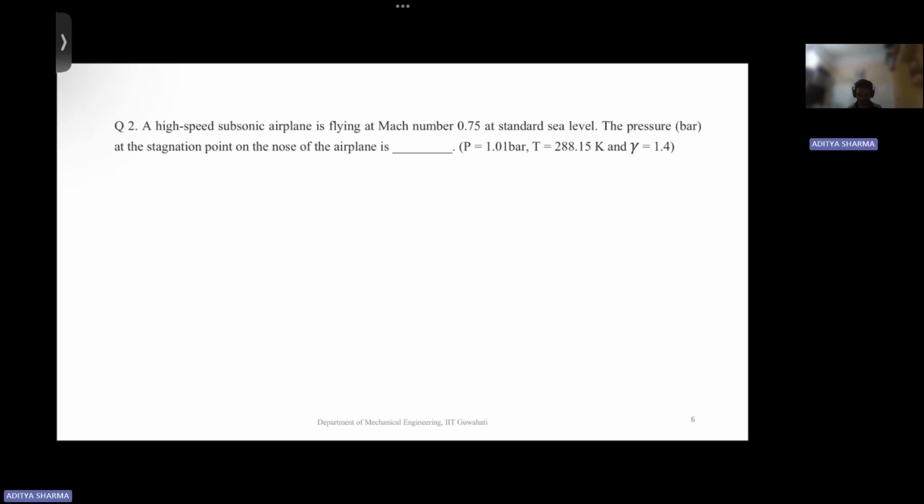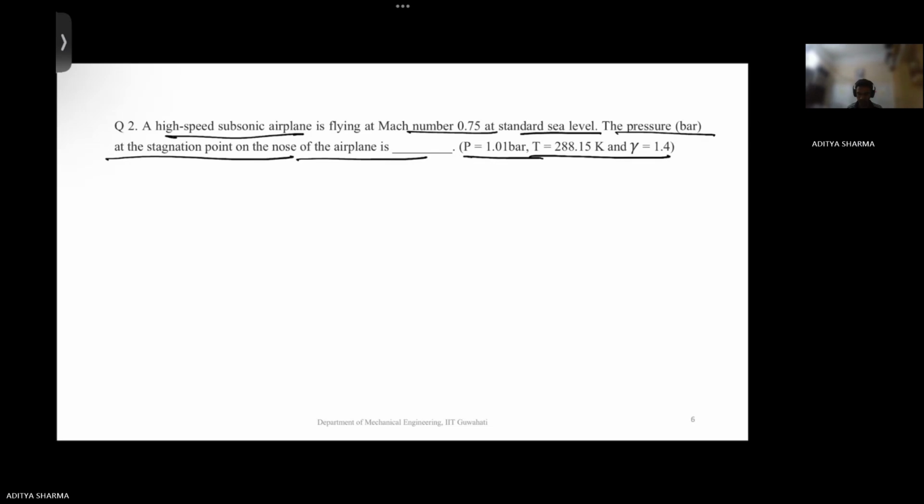Okay, so let's see the question. The question is a high-speed subsonic airplane is flying at Mach 0.75 at standard sea level. The pressure at the stagnation point on the nose of the plane is. Now we need to find out the pressure. So stagnation pressure, sorry, static pressure and static temperature both have been given to us.